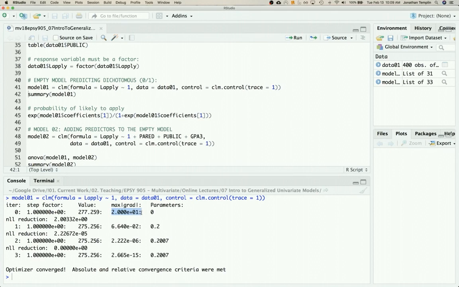We want all of our derivatives to be close to 0. Then it guessed a probability of 0.2 and got a changed maximum likelihood value, then guessed 0.2007 and changed it a little bit more, and the next guess was beyond the significant digits reported here, and that's where it stopped. So it says optimizer convergence.